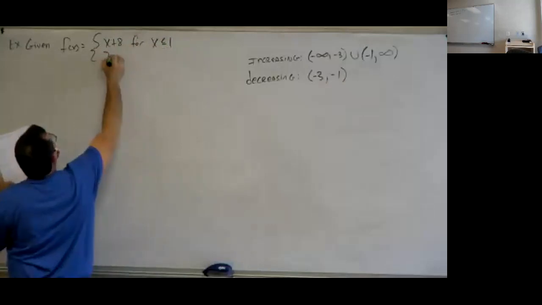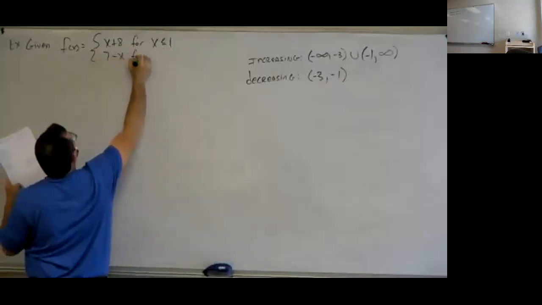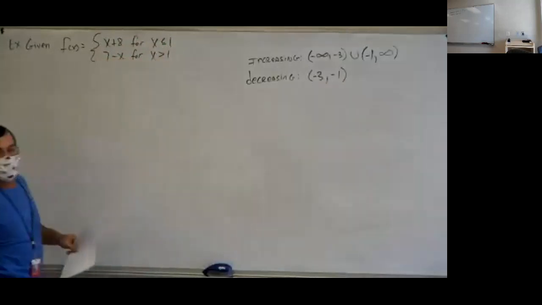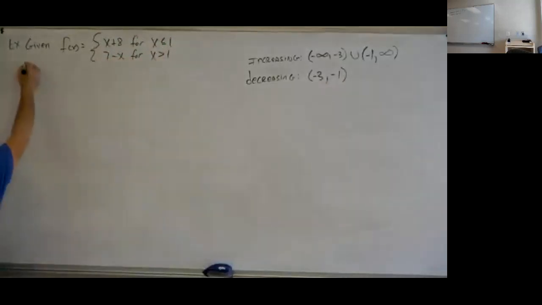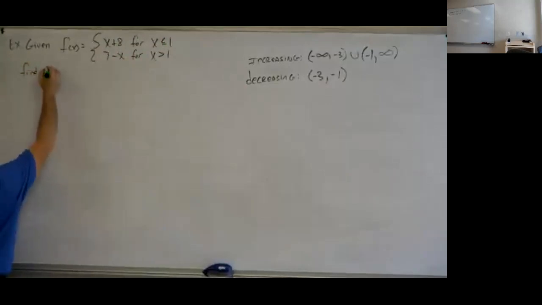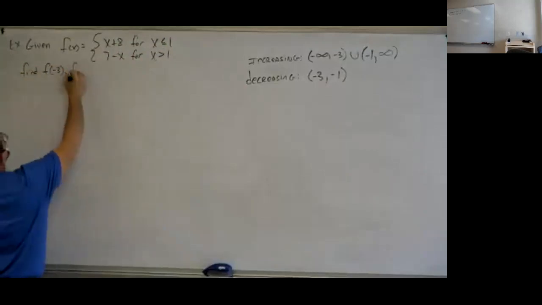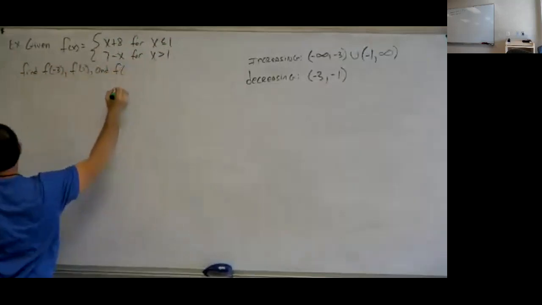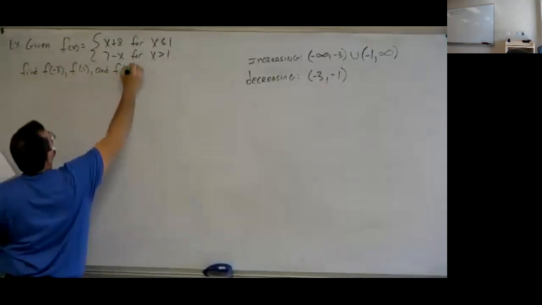It's going to equal 7 minus x for any x greater than 1. They want us to find f of -3, f of 1, and f of 5.